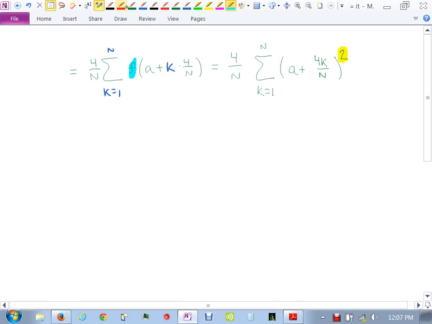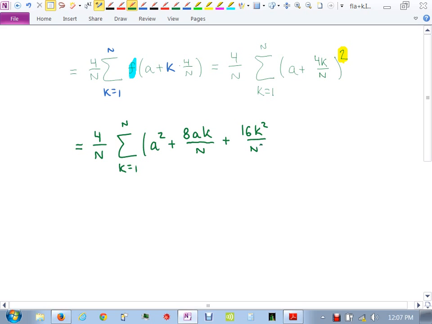Any function we have, that's what would have been plugged into it. All right, can we square that, everyone? It's 4 over n sum k equals 1 to n. Square it, we get a squared plus 8ak over n plus 16k squared over n squared.